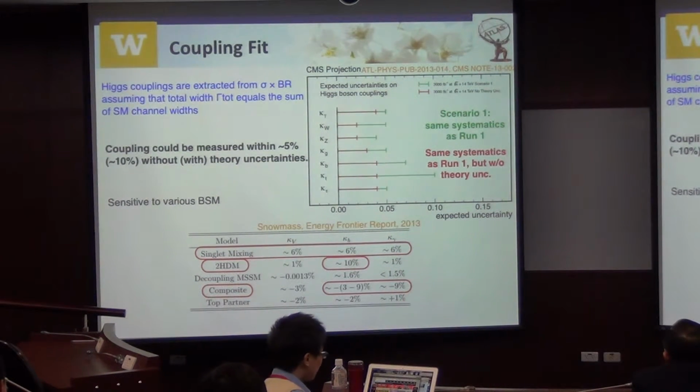Okay. So now we can try to evaluate, for different kinds of models, what's the possible modification on the coupling strength they could produce. If you compare these numbers for some of the models, for example the 2HDM coupling model, we have a chance to probe this kind of model by doing this coupling strength study.